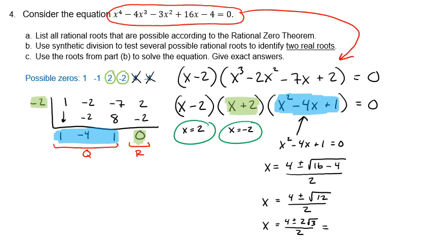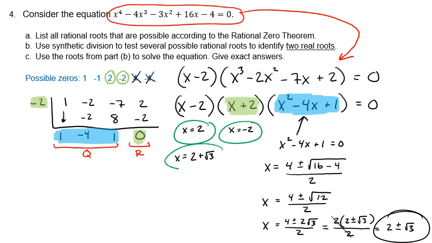If you factor out a 2 on top, that will cancel the 2 on the bottom, and we get 2 plus or minus the square root of 3. So those are the other two solutions, the other two roots of this equation. x is equal to 2 plus the square root of 3. Right, that's one answer. And then the other one, finally, x equals 2 minus the square root of 3.